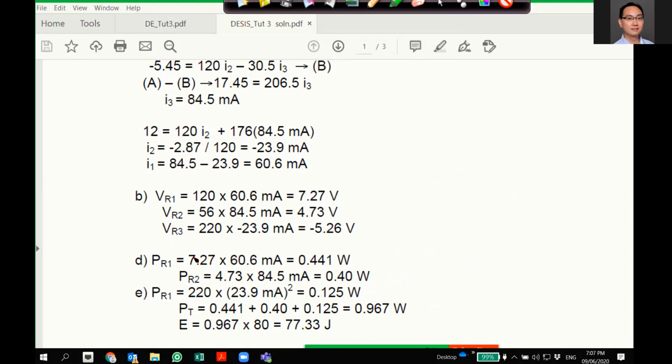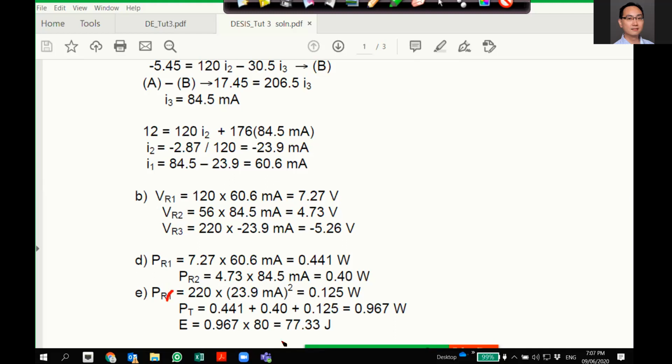This one is your R1 resistor, right? Then just now you found the R2 resistor, is this one correct? Based on this voltage here, 4.73 volts, this is the voltage times the current. And then finally, this one should be a mistake. This one should be PR3.